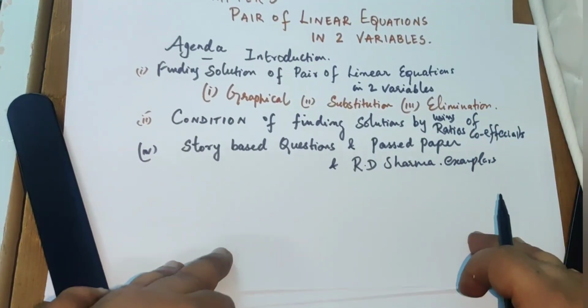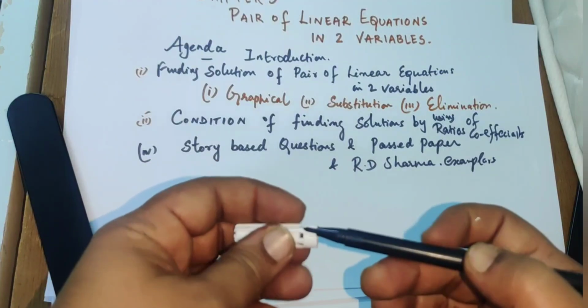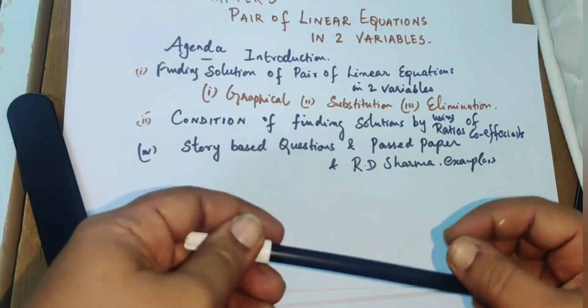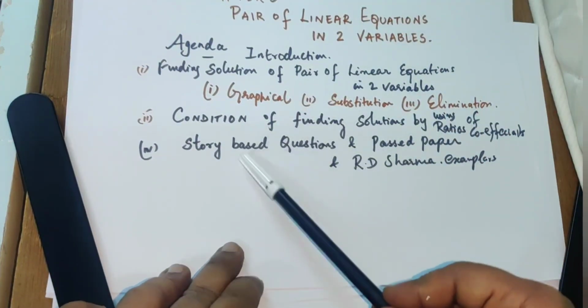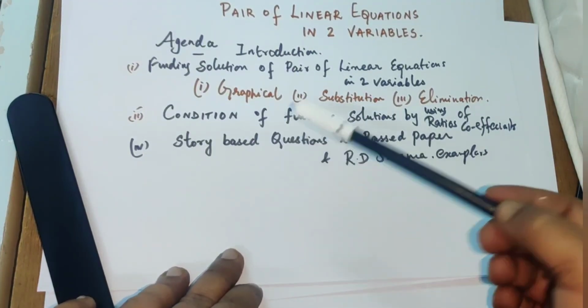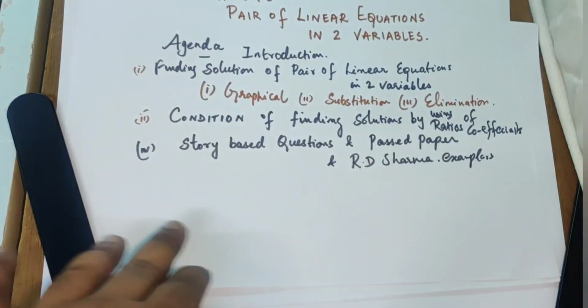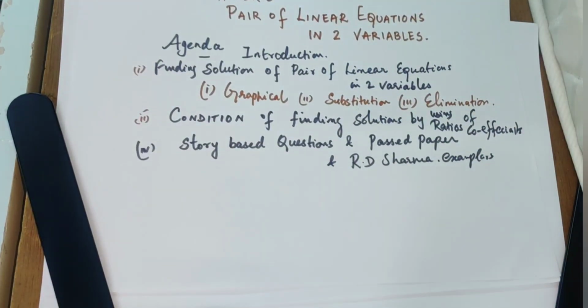So by using the ratios of coefficients, we find what type of solution we are going to get. That is also we are going to be discussing. Then finally, story based questions like real time based question, past paper question, R.D. Sharma questions, exemplar questions, everything we are going to be seeing one by one.